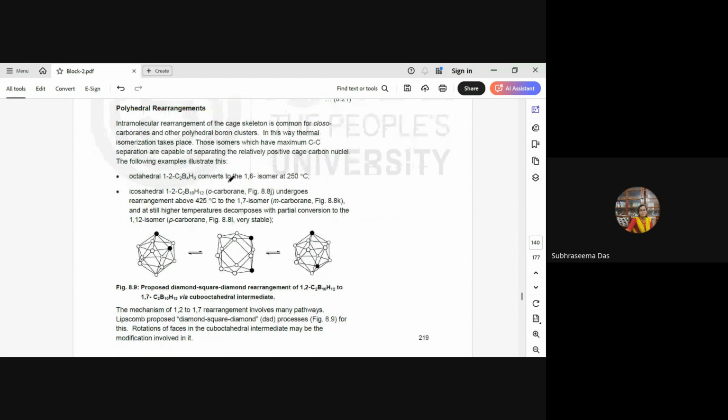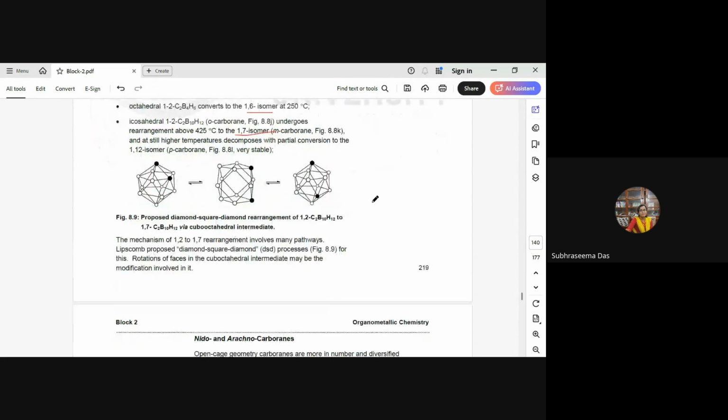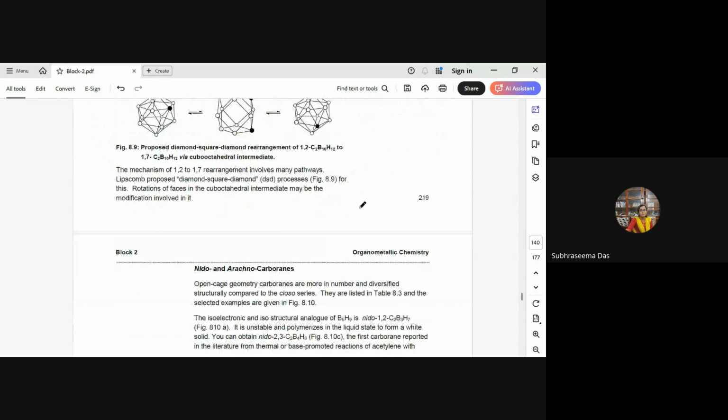For example, octahedral 1,2-C2B4H6 converts to the 1,6 isomer. Even icosahedral C2B10H12 undergoes intramolecular rearrangement to form the 1,7 isomer. However, these are all possible only at elevated temperatures.